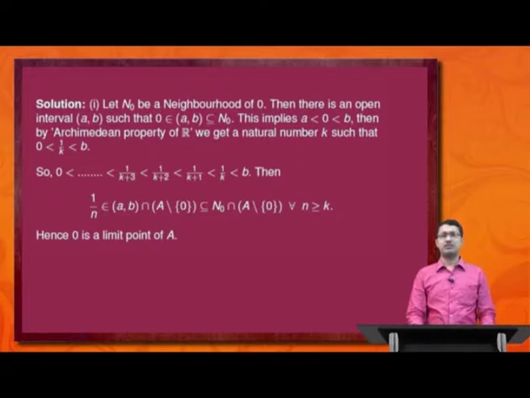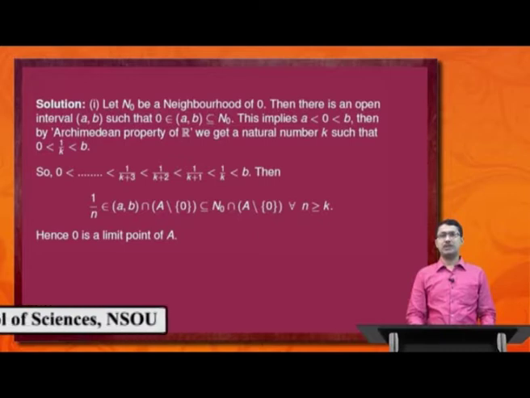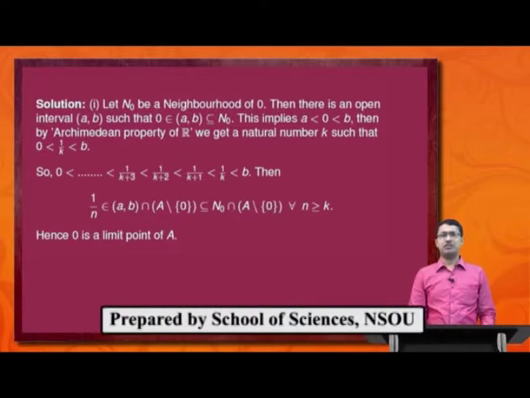Each element 1/k, 1/(k+1), 1/(k+2), and so on, is positive because k is a natural number and 1/k is strictly greater than 0. Then 1/n belongs to the open interval (a, b) intersection (A minus {0}), which is a subset of N_0 intersection (A minus {0}), for all n greater than or equal to k. That k we get from the Archimedean property. So 0 is a limit point of A.